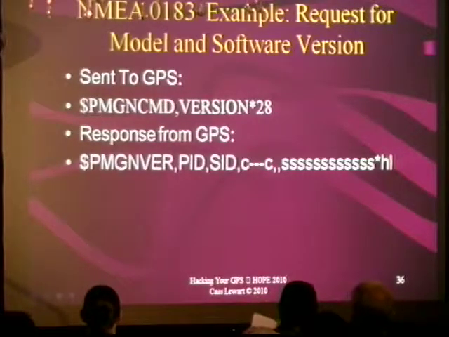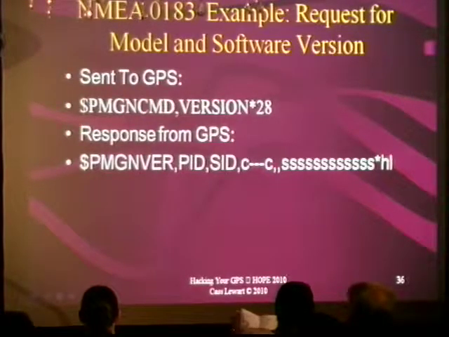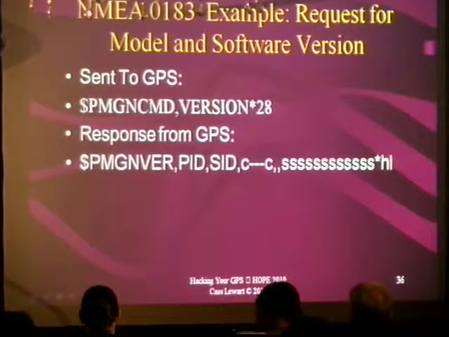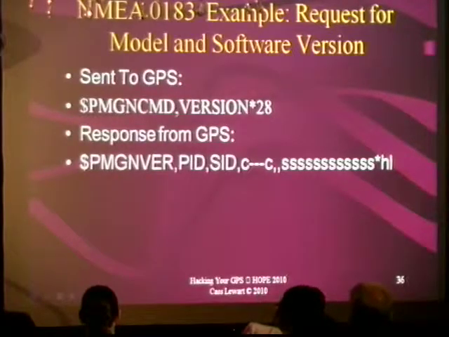It gives you the PID, which is the product identification, the software identification. Then comes a character string, which is the name of your unit. So if you have Magellan, it would say Magellan Sport Track, and then the serial number of your unit.